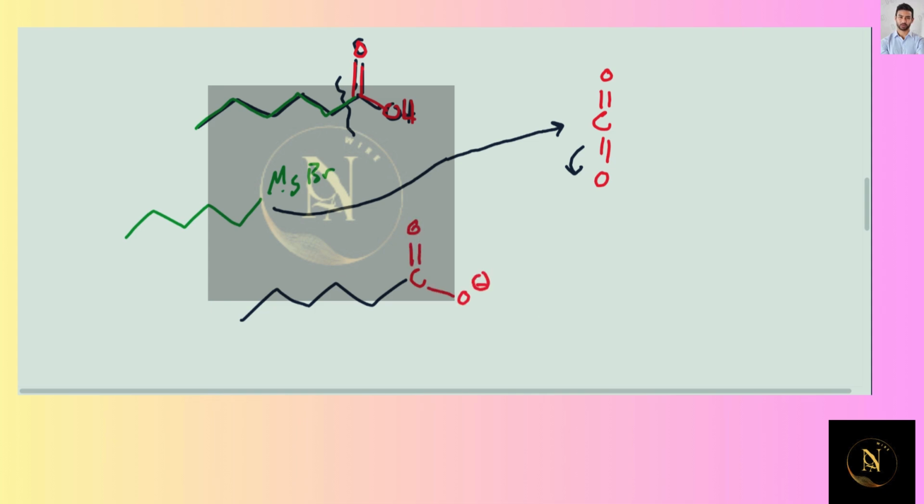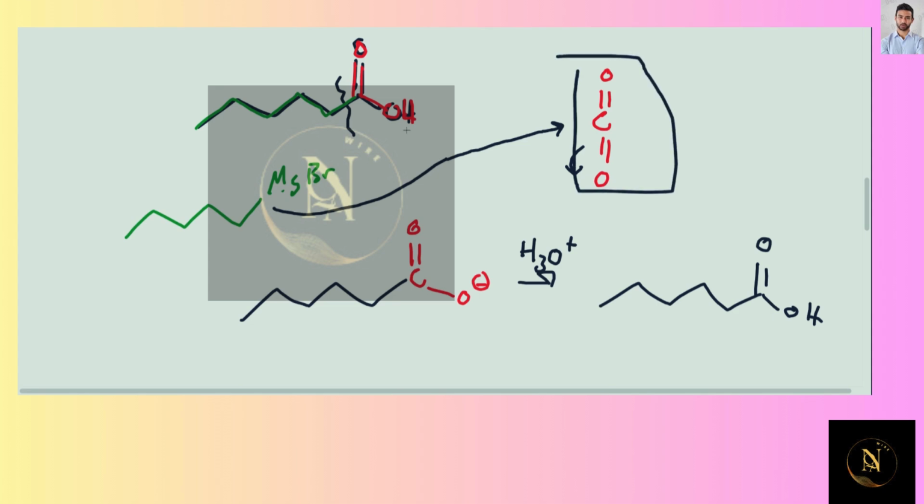And we follow that with an acidic aqueous workup to get our carboxylic acid. Okay? So if you're asked to make a carboxylic acid using the Grignard, then that means you probably invoked CO2.